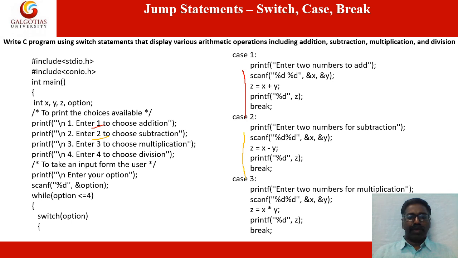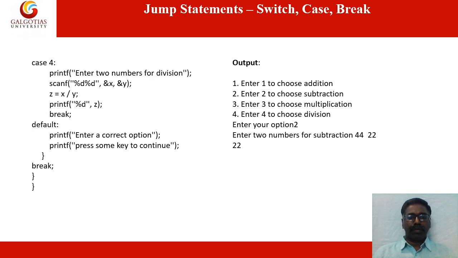What happens if the user chooses 3? Then this set of statements will execute. So according to the given value, this set of statements will be executed. If the user enters 4, then the division case will be selected.